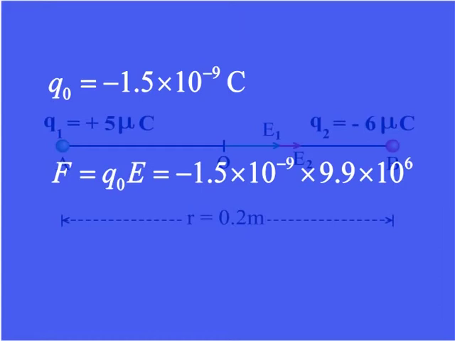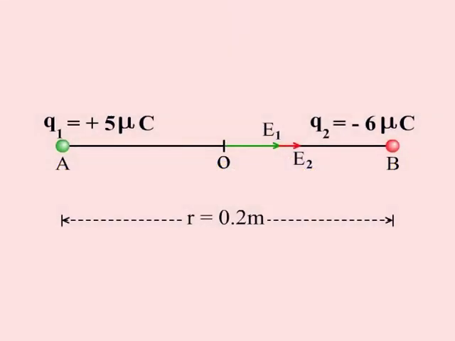This would give F equal to minus 1.485 into 10 raised to the power minus 2 Newton. Here, the negative sign shows that the direction of force is opposite of electric field E, that is, along BO.